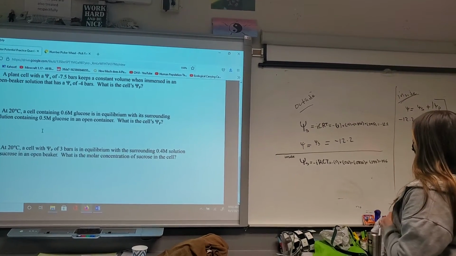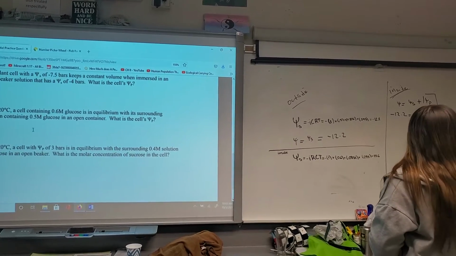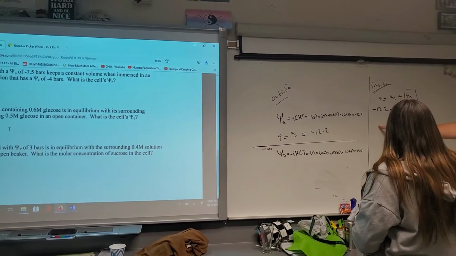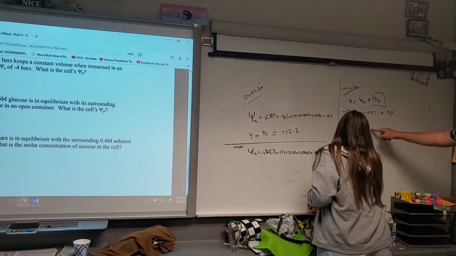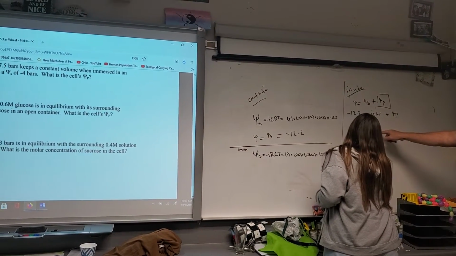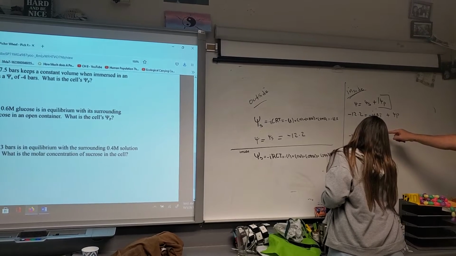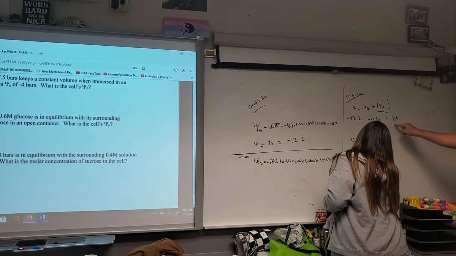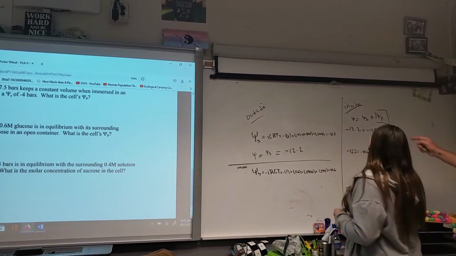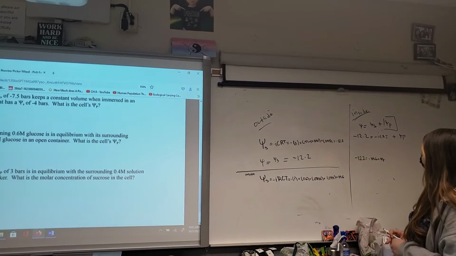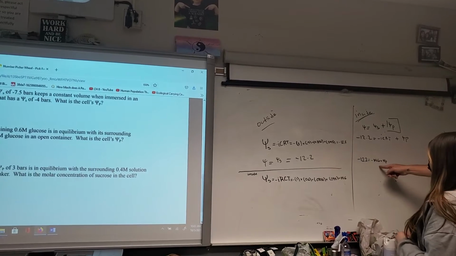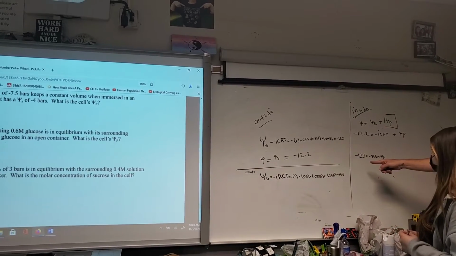Beautiful. So now we know that this number, negative 12.2, equals, you can just rewrite it, negative 14.6 plus psi p. That's the thing we wanted all along. All right, can we solve this simple equation? We can add 14.6 to both sides, yes?